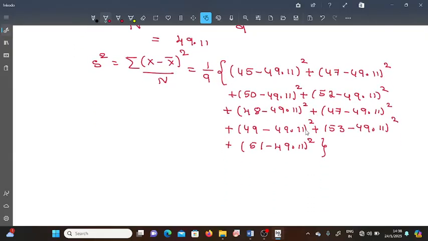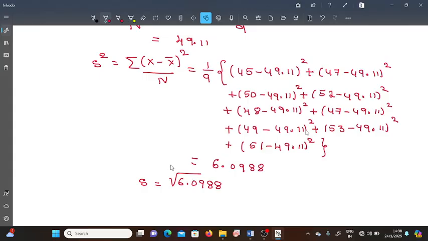By simplifying, we get the sample variance as 6.0988, so the sample standard deviation is square root of 6.0988.